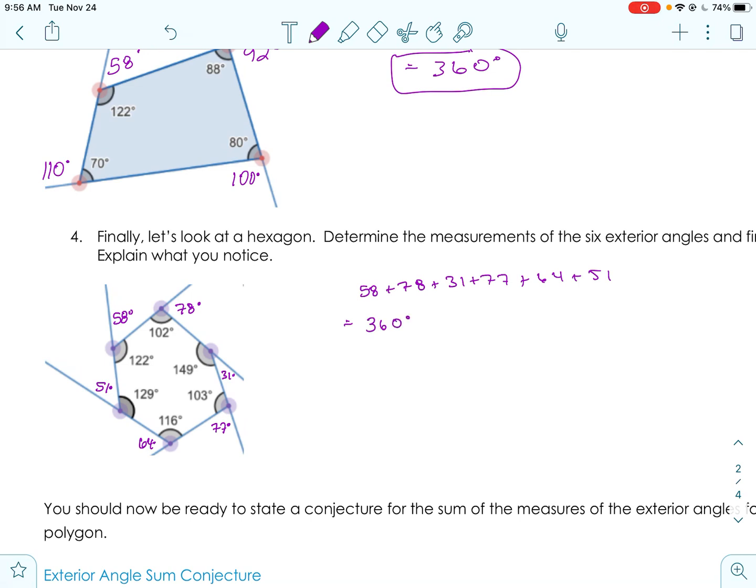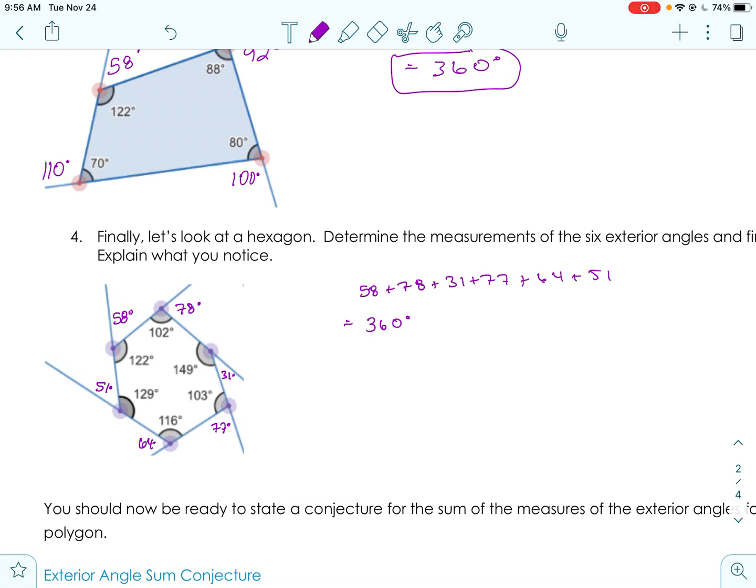Okay, let's see if I see the mistake anywhere. Let me check something real quick. 1, 2, 3, 4, 5, 6. So we know that the sums of these should add up to, so 122 plus 102 plus 149 plus 129 plus 103 plus 116.